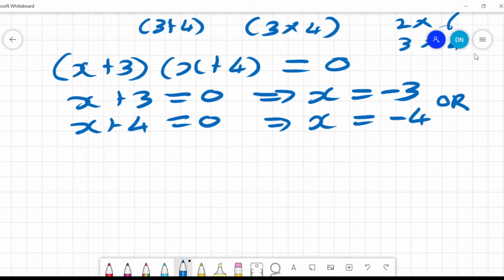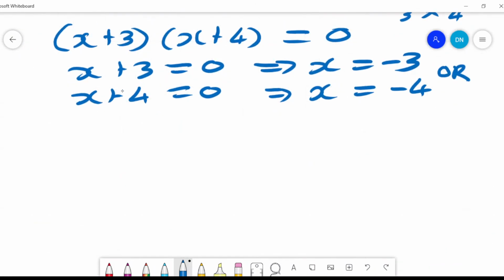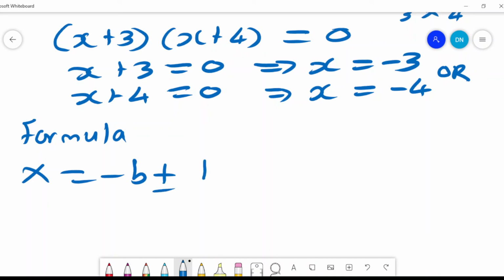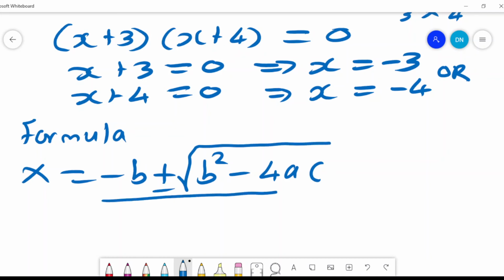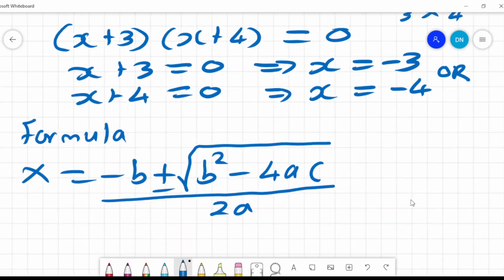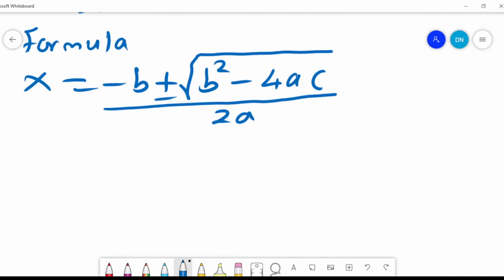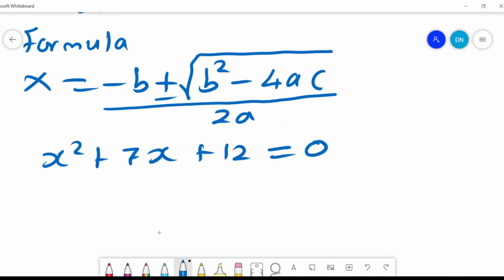Now, we could have also used the formula to solve the quadratic equation. And the formula is x is equals to minus b plus or minus the square root of b squared minus 4ac, divided by 2a. And how do I know what is my a, b, and c? Remember, my equation is x squared plus 7x plus 12 is equals to 0.